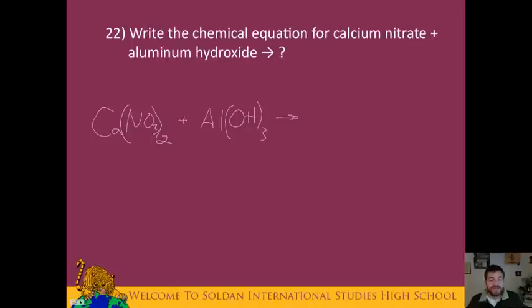Two compounds means that this is going to be a double replacement, so calcium will now be with hydroxide and aluminum will now be with nitrates. Let's polish these up. Calcium's a +2, hydroxide's a -1, which means we need 2 hydroxides. Aluminum's a +3, nitrate's a -1, which means we need 3 nitrates.